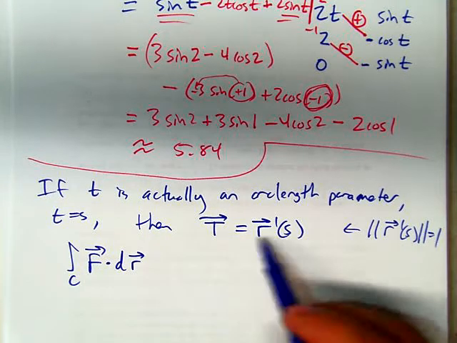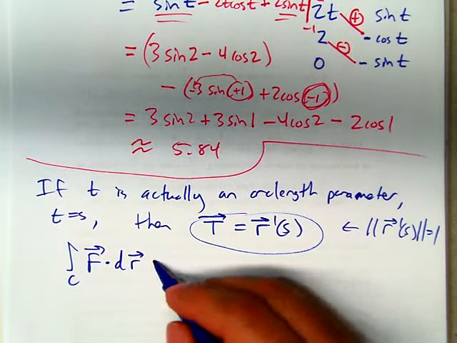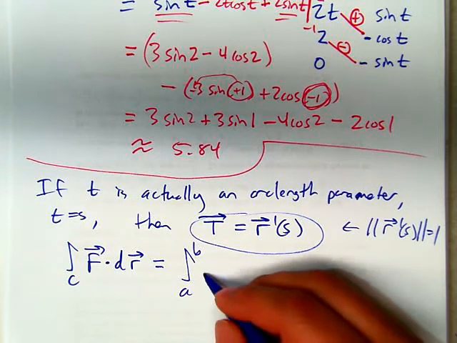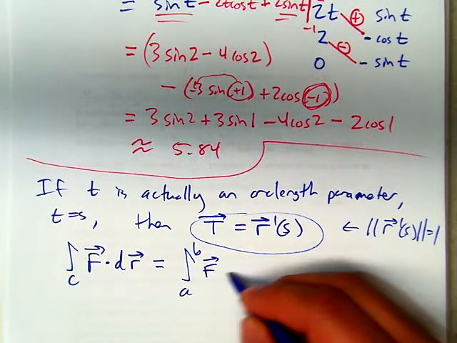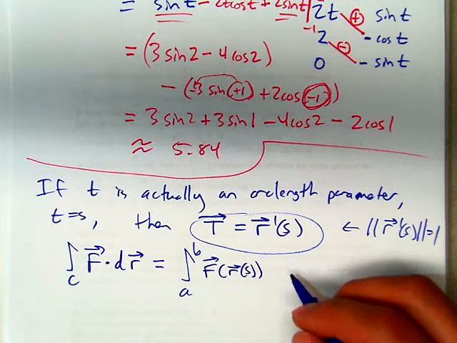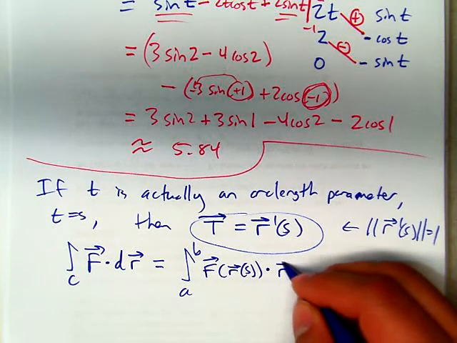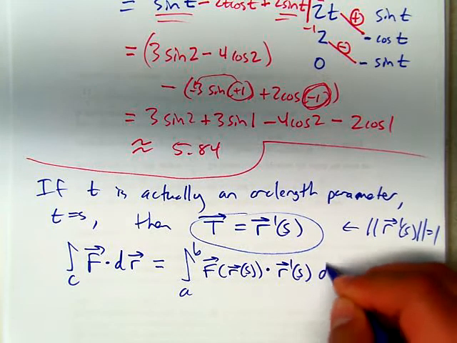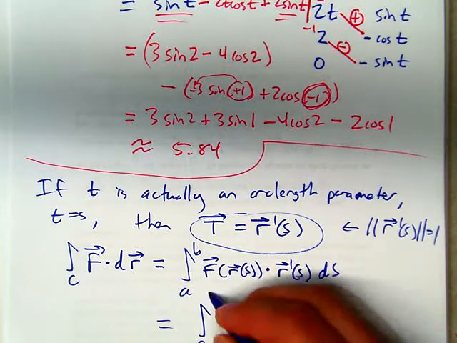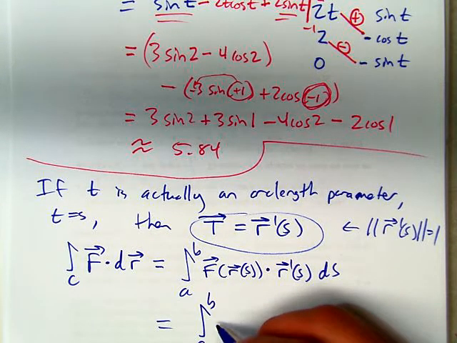Using this, I can take the line integral and evaluate from a to b. Now instead of plugging in r of t, we'll plug in r of s if that's the parameterization we have. And then we have r prime of s ds, which is just the integral from a to b.